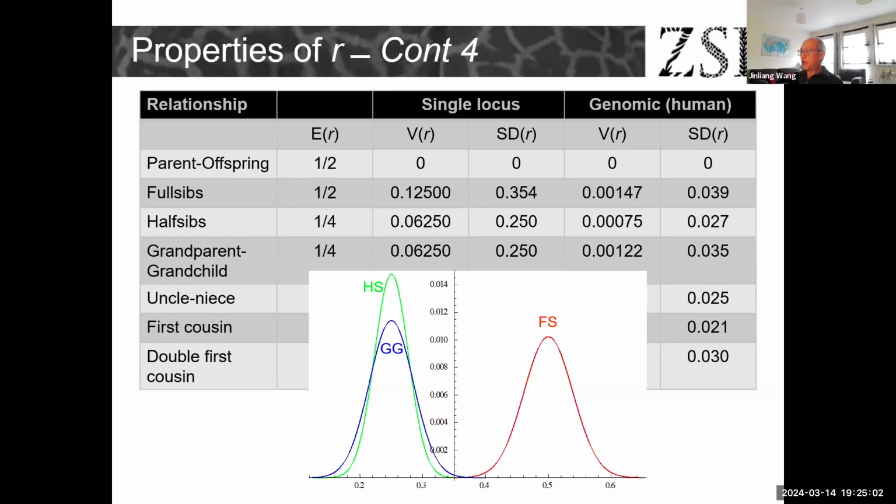As we can see, although full siblings, half siblings and grandparent-grand offspring have different expected values, that is 0.5, 0.25, their distributions overlap. So in reality, it's a bit difficult to distinguish these relationships, even using genomic data, because their real values do overlap.